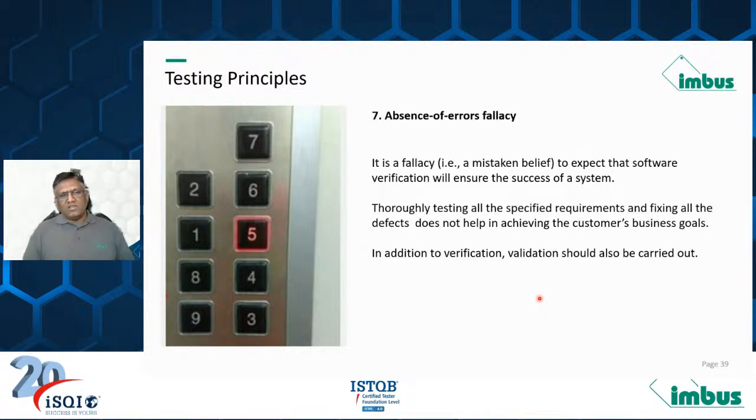So it's a fallacy that if you have all the functionalities and everything is working as expected, our customers will start using them. That is not true anymore. Your customer will only use them if it serves their purpose. That means we are not only focusing on verification, we are also validating from the business perspective, right?